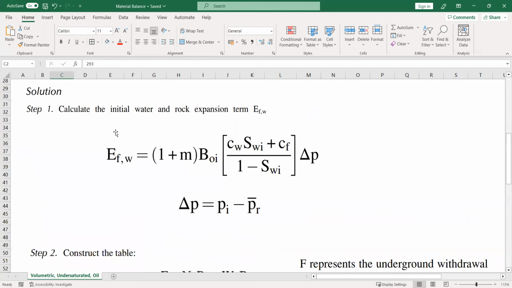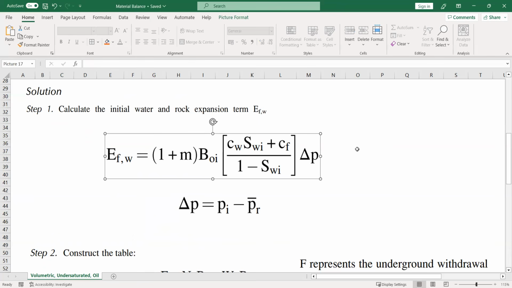All right, so now we need to first calculate the initial water and rock expansion term. This is a volumetric, undersaturated reservoir, right? So we are not talking about mainly gas. In that case, the initial water and rock expansion becomes significant, and that's why we need to calculate it instead of neglecting it.